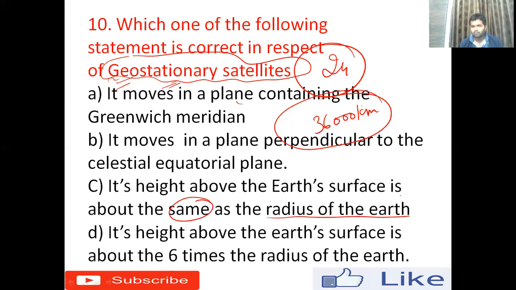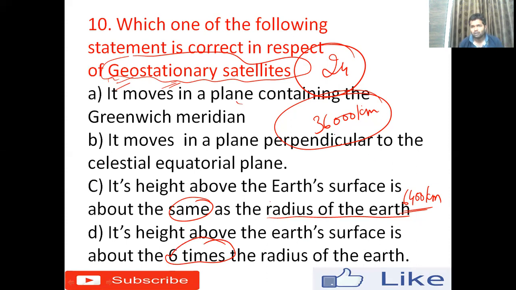What is the radius of the Earth? It is around 6,400 kilometers. Remember this, it is the radius of the Earth I'm talking about. And option D, its height above the Earth's surface is about 6 times the radius of the Earth.